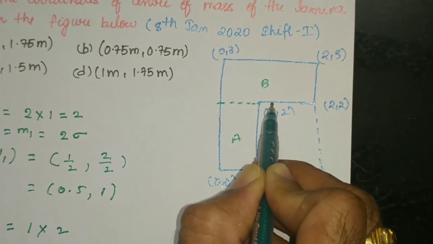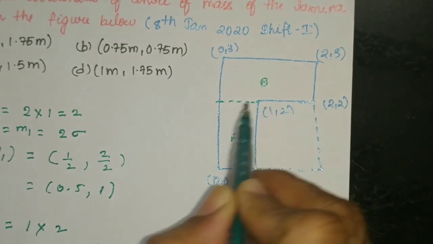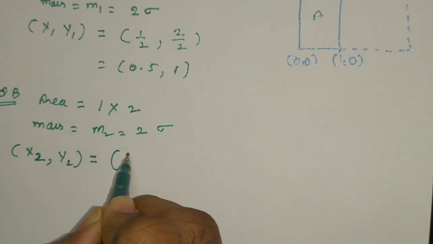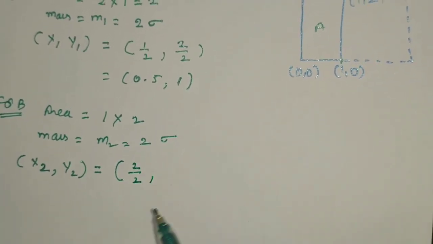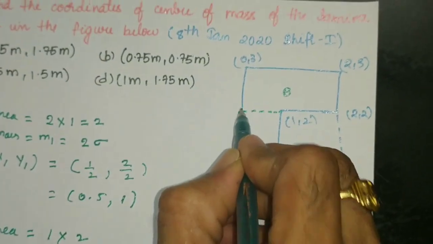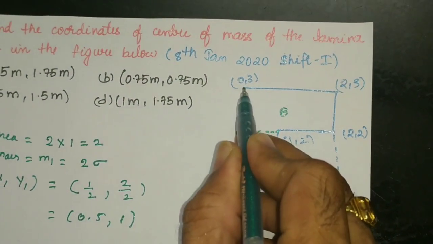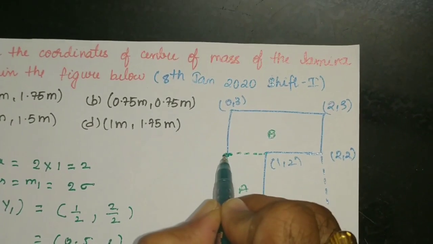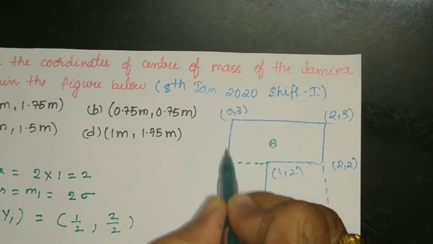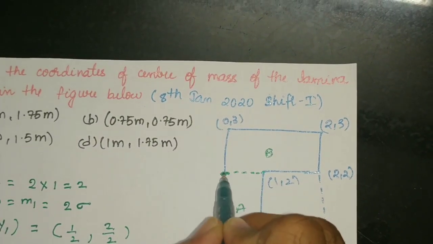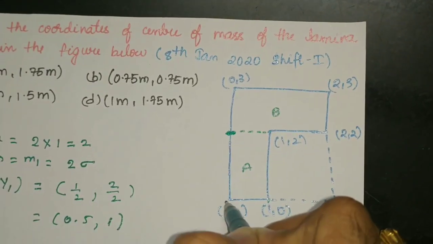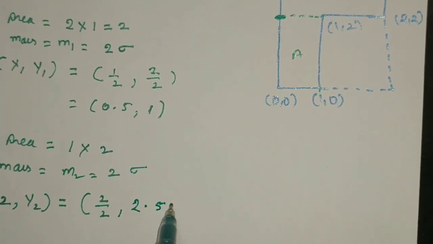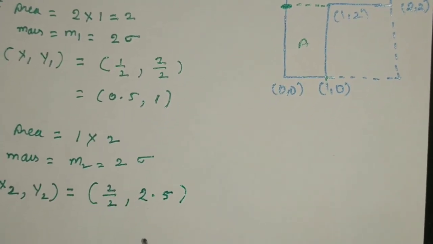So, at half the length the x coordinate of the center of mass exists. As the x coordinate is 2, half the length is 2 by 2, that is 1. For the y coordinate of the center of mass of this rectangular lamina, this height is equal to 1, 1 by 2, that is 0.5 from this point. From the origin add 2 plus 0.5, that is 2.5, which is the y coordinate. So x2, y2 for B is 1, 2.5.